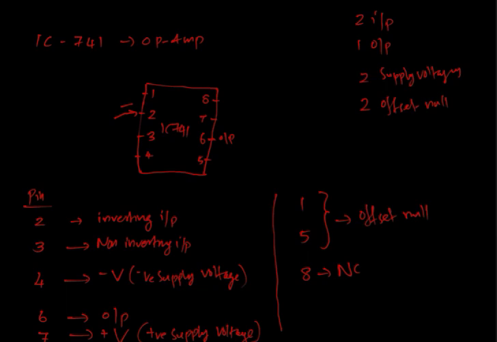Pin number 3 is the non-inverting input terminal. Pins 4 and 7 are used to give supply voltages, 6 is the output terminal, and pins 1 and 5 are used for offset null voltages. That's all about the basics of operational amplifier.